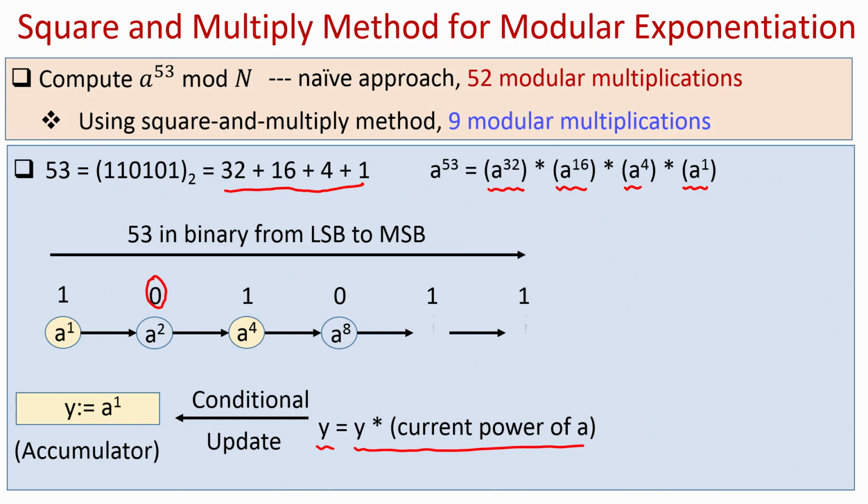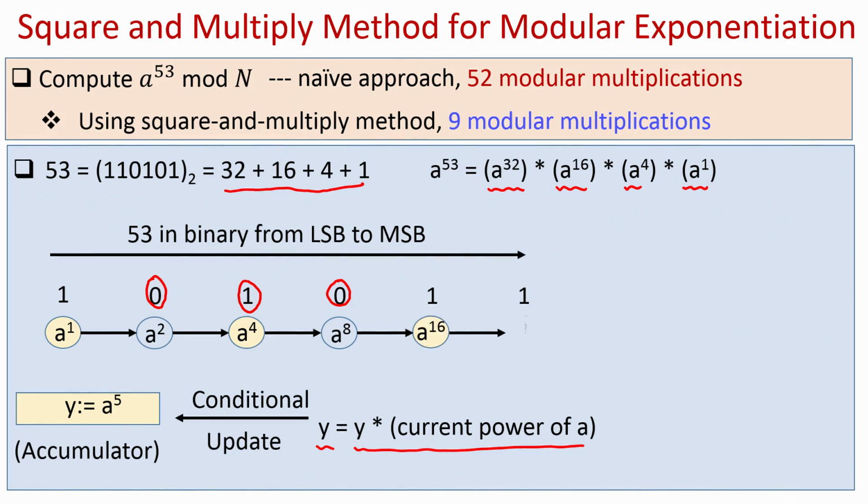Then I go to the next power of a, which will be a to the power 4, and I check the current bit, it is 1, so I update my accumulator by multiplying its current content with the current power of a. Then I go to the next power of a, which I do not need to accumulate because the bit position in the exponent is 0.